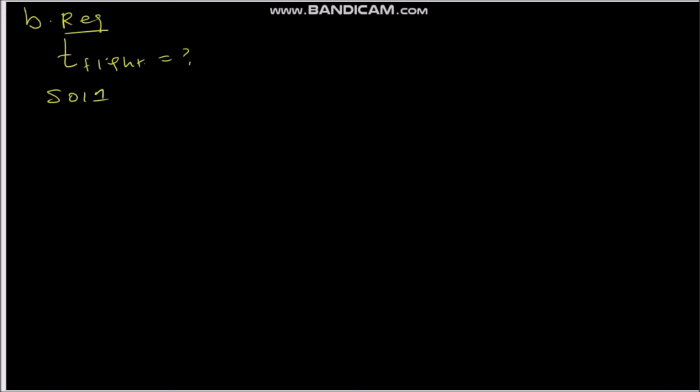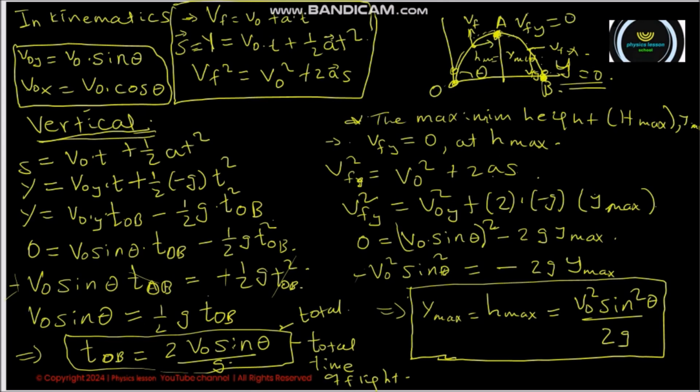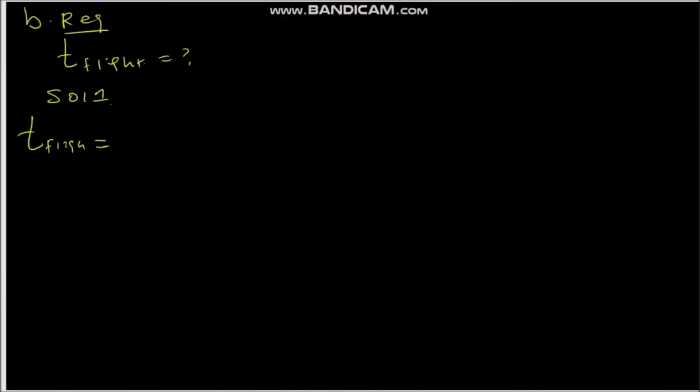Solution. The total time of flight is given by the equation we already derived here. The total time of flight is twice v naught sine theta over g. Now 2 times v naught sine theta, how much?